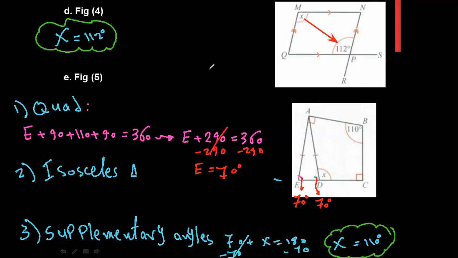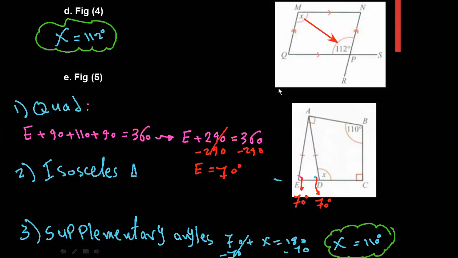Okay. Let's move to the next problem. I have here the concept of the isosceles triangle, RQ equals PQ. This is an isosceles triangle. The benefit here is that I have two base angles that are equal in measure.